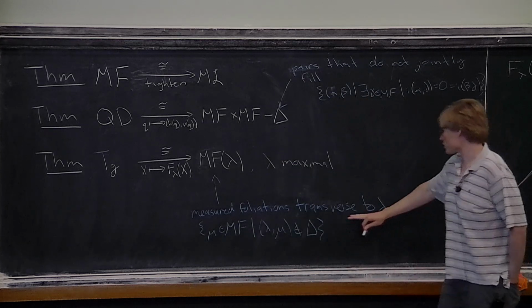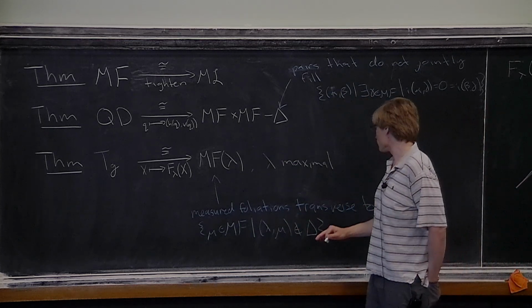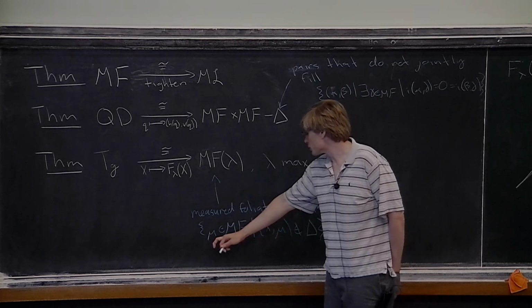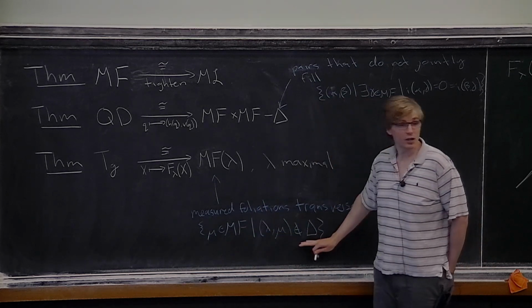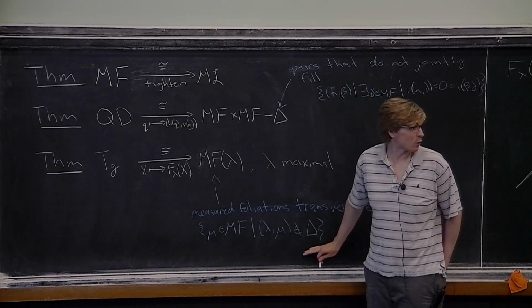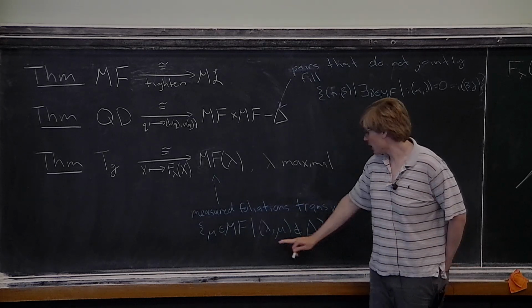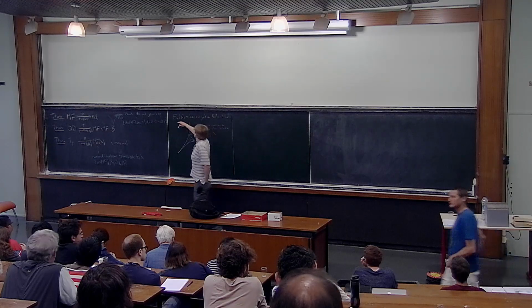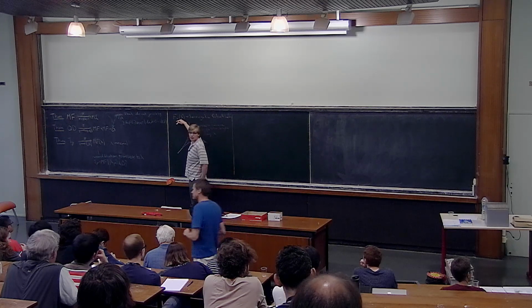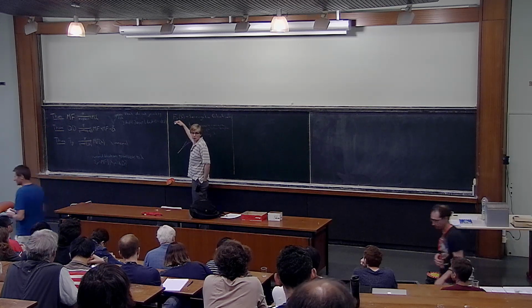That is just the set of measured foliations mu so that lambda and mu are not in delta. So in other words, you can form a quadratic differential out of lambda and mu. And to remind you, this F lambda x is called the Horocyclic foliation. It's a transverse measured foliation.